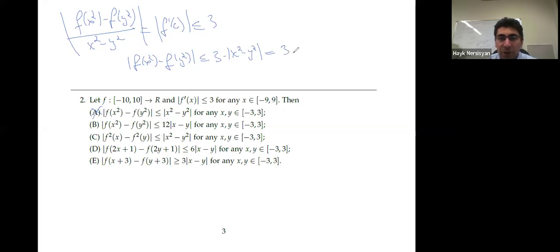Here we can modify a bit by writing x minus y times x plus y, and the x minus y term is present here. What can we say about x plus y? If x and y are from -3 to 3, we can estimate the modulus of x plus y with 6.